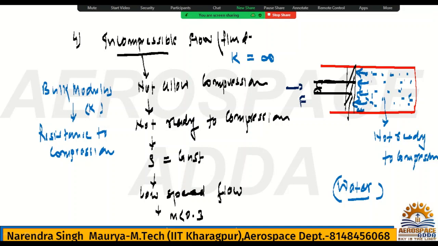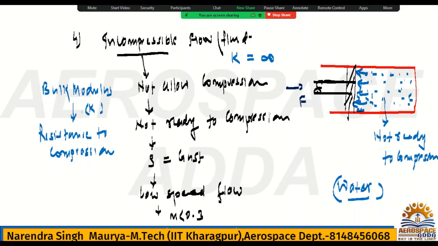Bulk modulus is a fluid property. For air, bulk modulus will be very less. If it is very less, it will not provide resistance to compression, so that fluid will be ready to compress, like air.